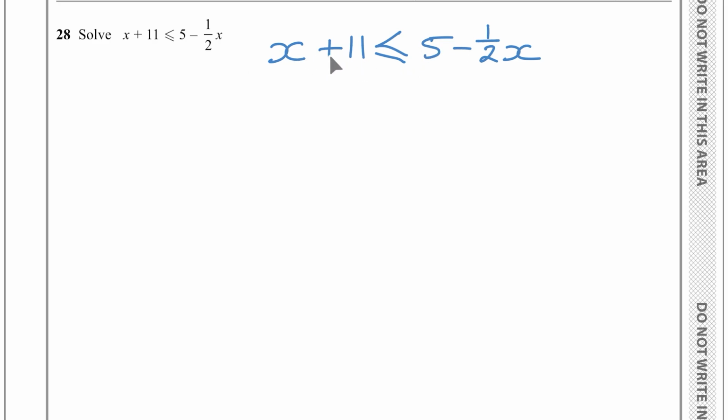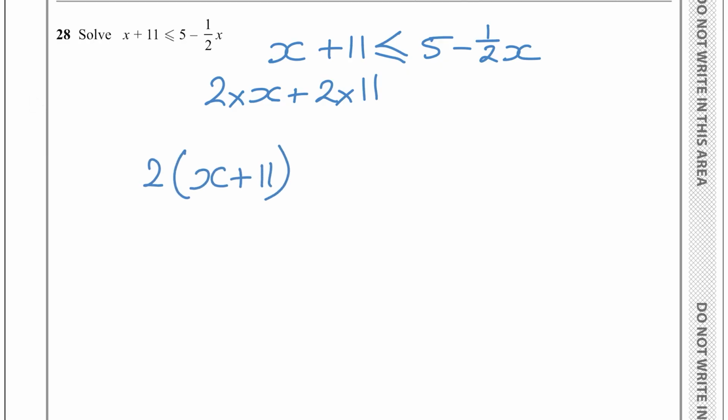So on this side, we will have 2 multiplied by x plus 2 multiplied by 11. Now I wouldn't usually lay it out like this, but that's how the mark scheme wants it laid out. A more elegant way would be 2 multiplied by x plus 11, but they want to see that you are actually doing the steps. So as frustrating as this looks, we do it the exam board way.